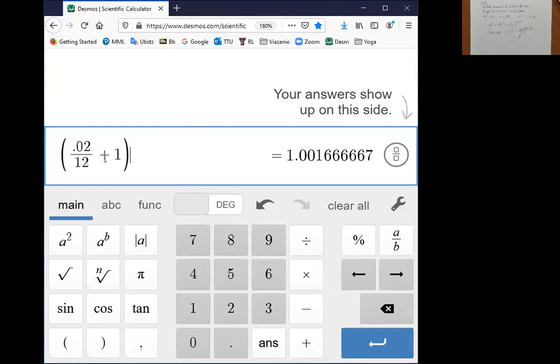We want to add 1 plus 0.02 over 12. If you first find 0.02 over 12, you will get a number with a lot of digits after the point. If you take only the first several digits, for example, 5 or 6 significant digits, I mean, I don't count zeros here.